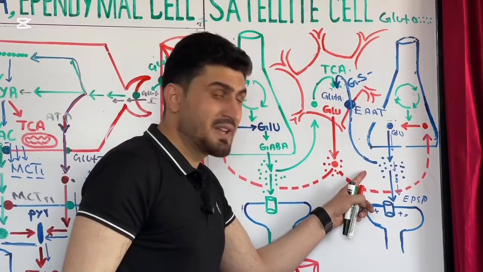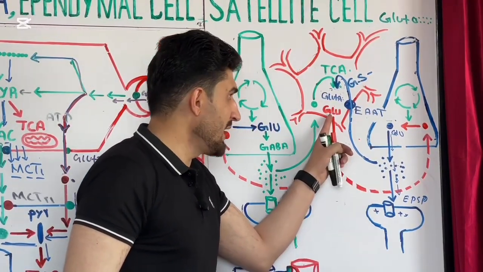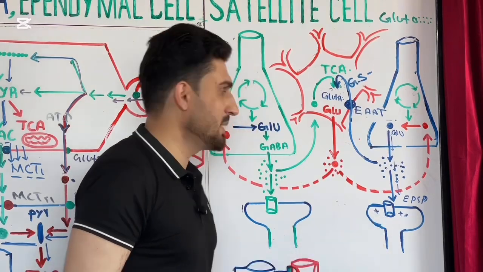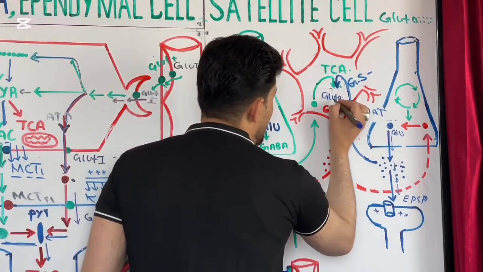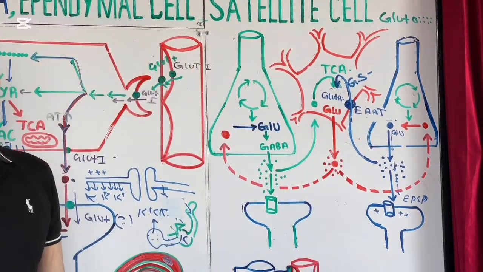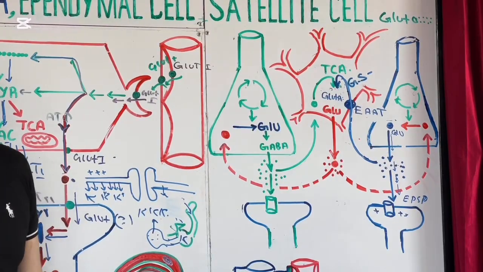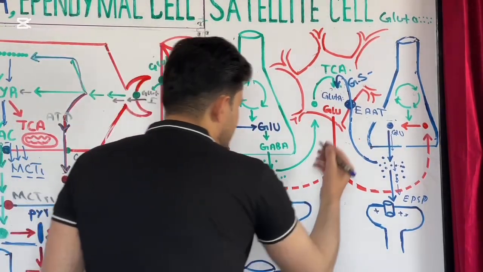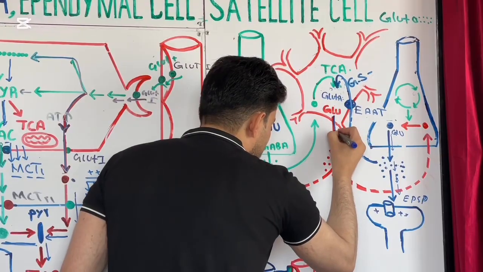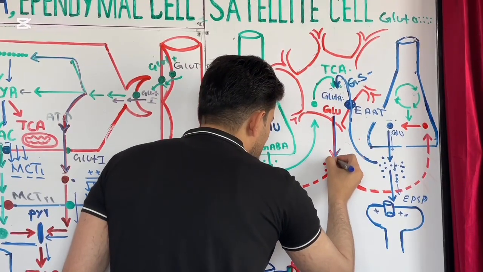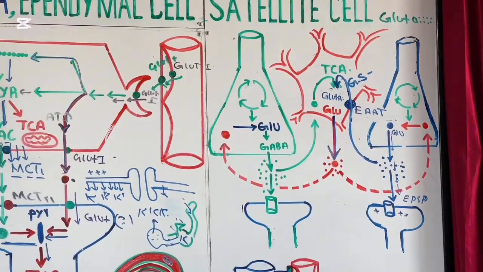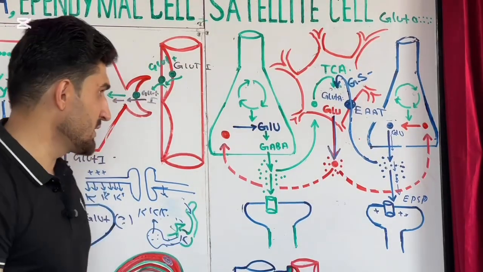Glutamate has the action of excitotoxicity, but glutamine can't work on this postsynaptic membrane, so it will be converted to glutamine by an enzyme called glutamine synthetase. Then this glutamine will be exported to the extracellular area by these glutamine transporters.